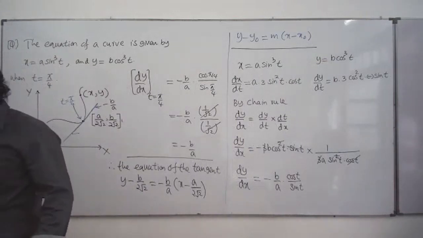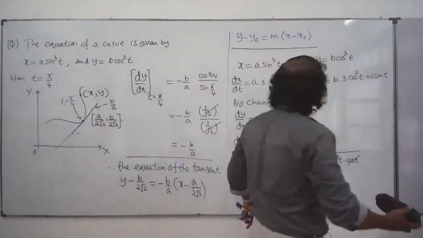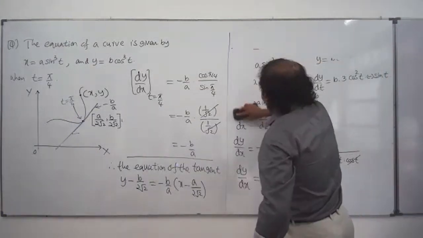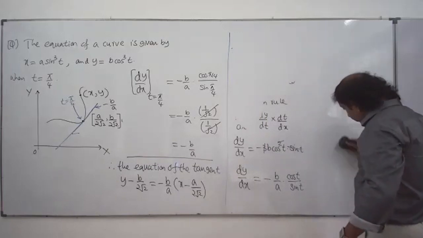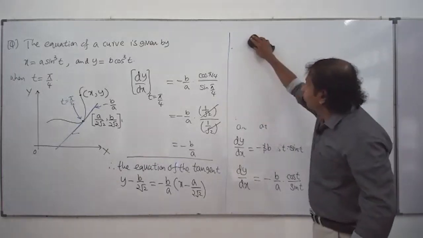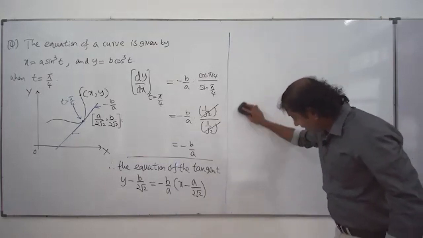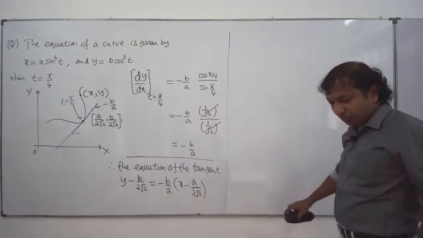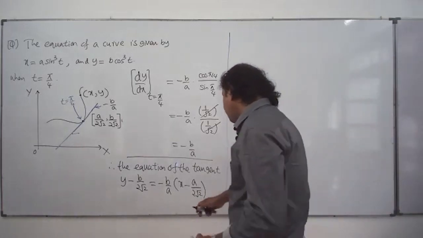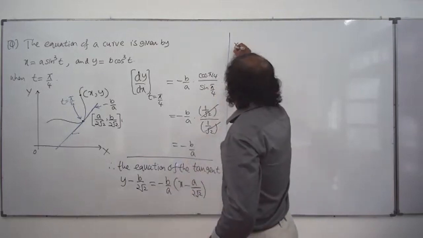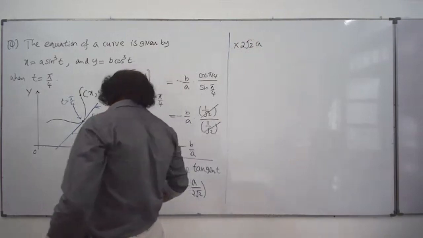Let's simplify this. We'll simplify this little bit. Shall I erase this? Yeah, now we can multiply people here both sides by 2 root 2a. 2 root 2 and a we multiply.